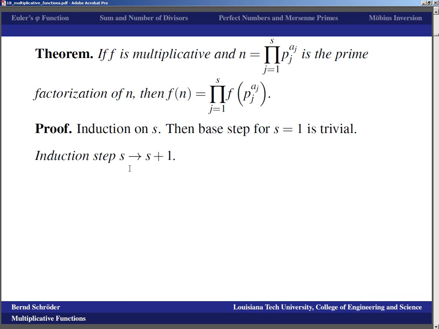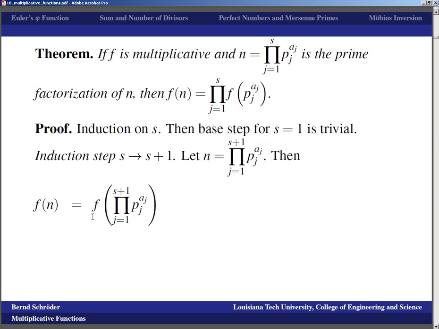The induction step from s to s plus 1 is that we let n have a prime factorization with s plus 1 factors. Well, then f of n is f of the prime factorization, and we can split off the last factor. So this is f of the product of the first s factors times the last factor. And because the prime number p sub s plus 1 is different from all the other pj, we have that the greatest common divisor here is 1.